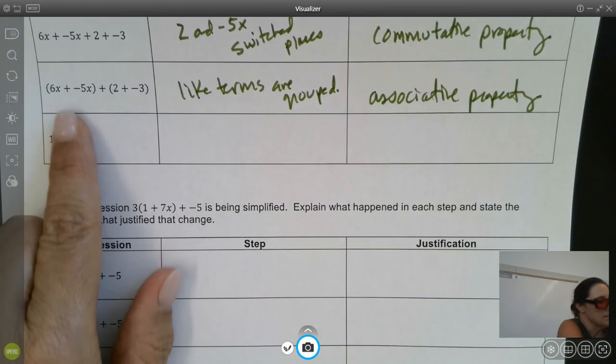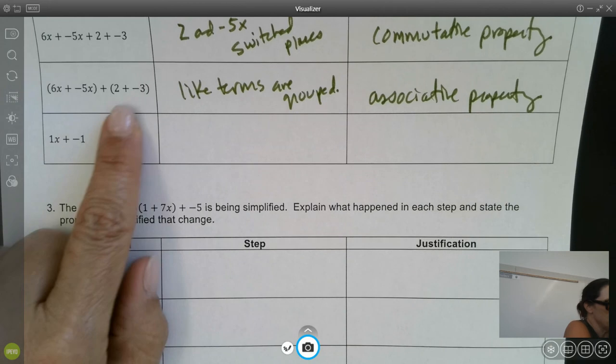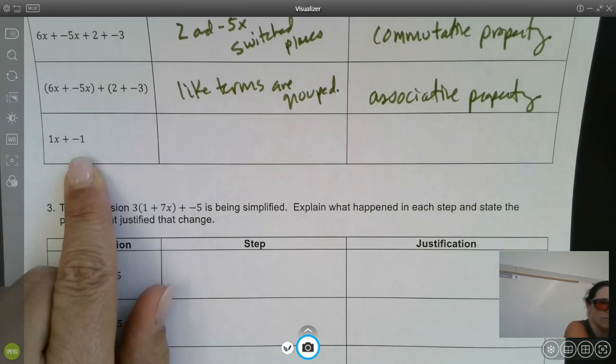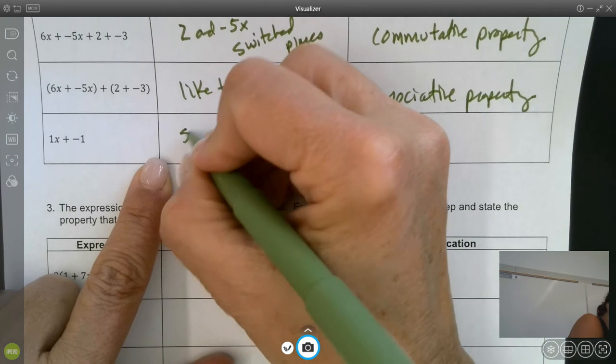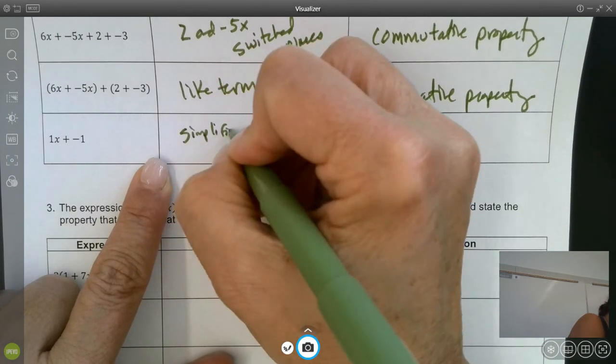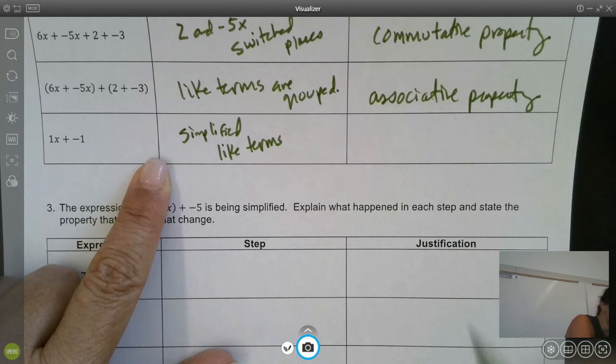And then a 6x and a negative 5x makes 1x. That's the substitution property. And then 2 plus negative 3 is negative 1. So simplified like terms by substitution.